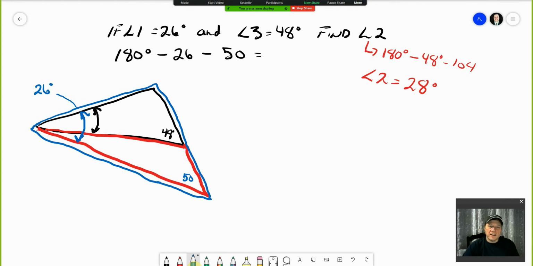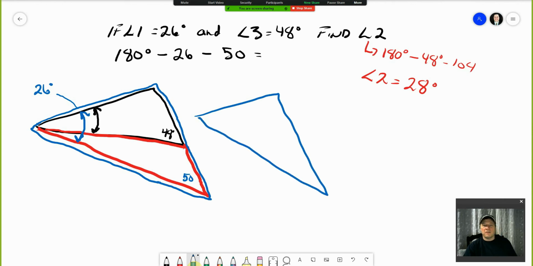This big triangle is just this. That's that big triangle. This is 50 degrees. This is angle 1, right? And we're not drawing in angle 2. But this is angle 1 here, and I've said angle 1 is 26 degrees. So in the big triangle, this is 26 degrees.